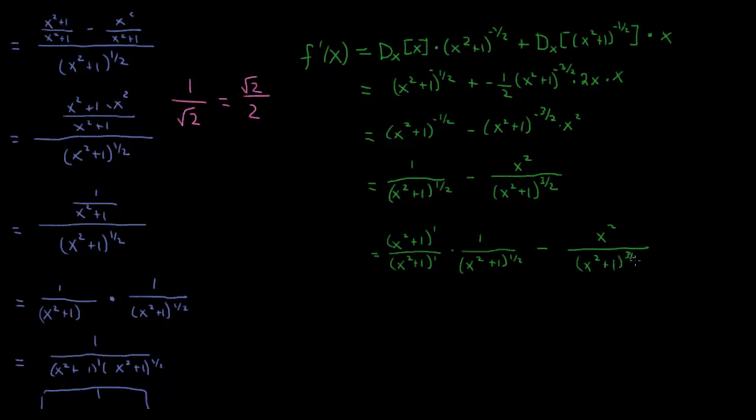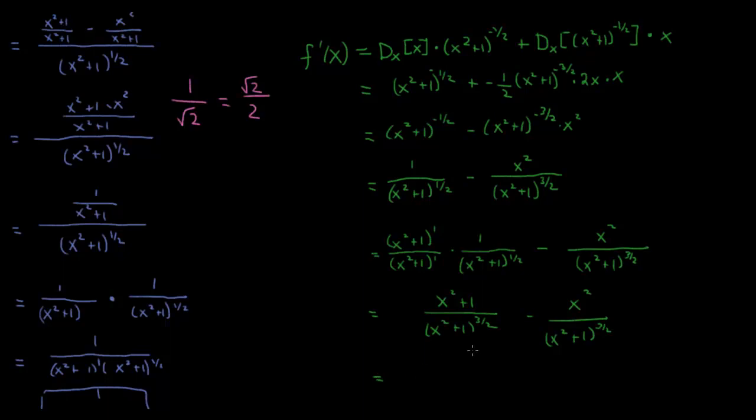So now you'll see I get x squared plus 1 for this left-hand fraction, x squared plus 1 divided by x squared plus 1 to the 3/2 power, minus x squared divided by x squared plus 1 to the 3/2 power.